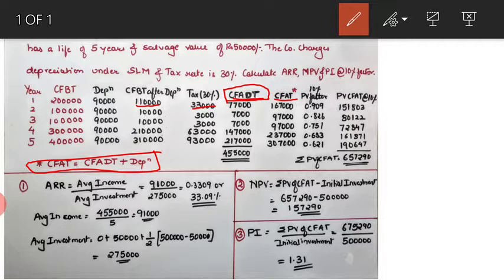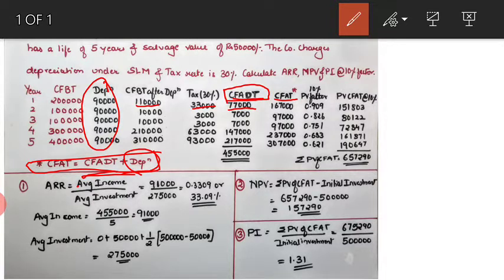So depreciation is only used to reduce your tax burden. Once you deduct depreciation and then calculate tax, the depreciation has to be added back to the cash flows. So CFAT is equal to CFADT plus depreciation.